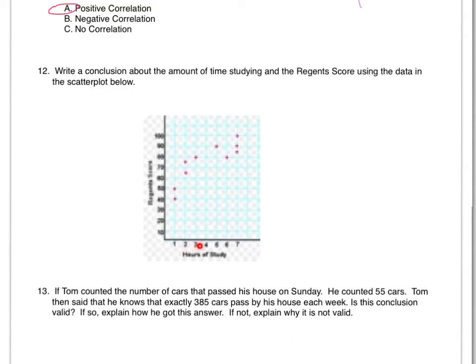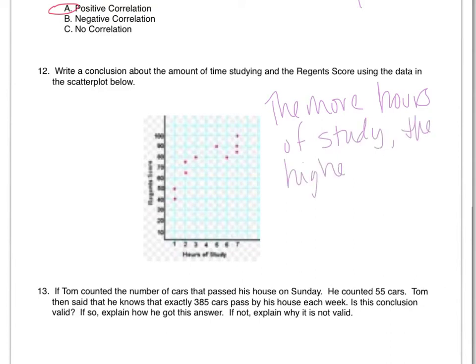So as the hours of study increase, the score is increasing, which I would say is a true statement. So I'll say the more hours of study, the higher the, I think it's called Regents score. So that would be that conclusion.